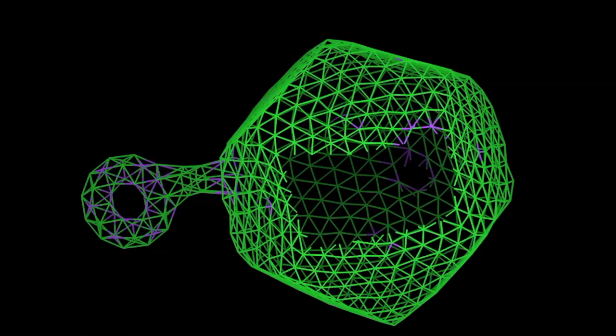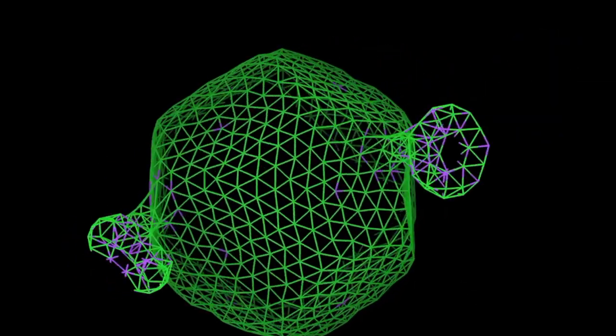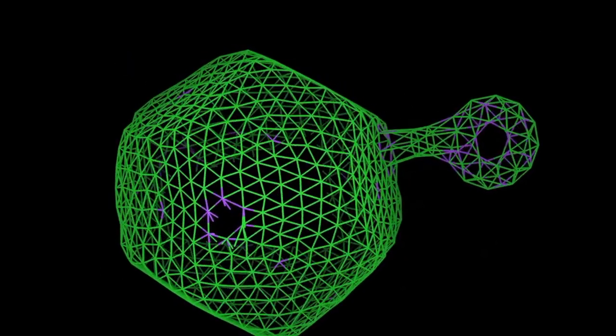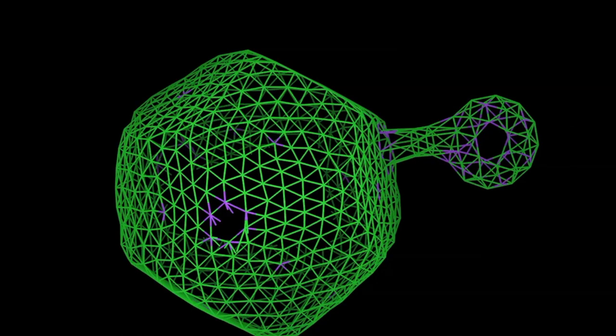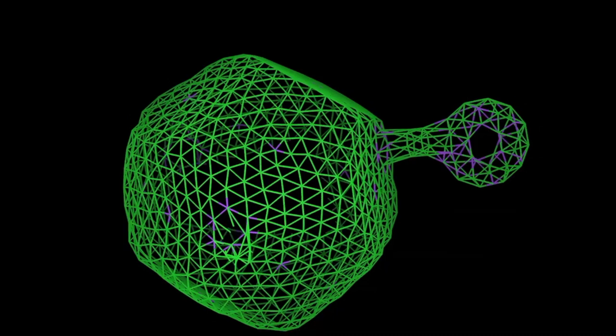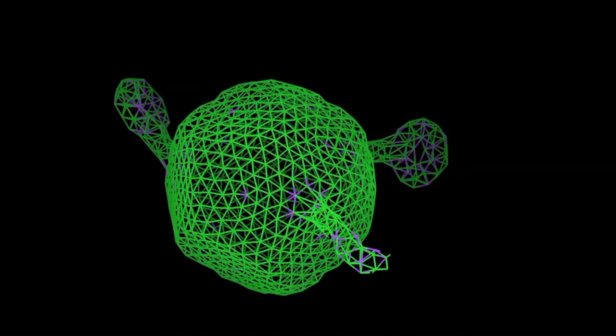I can bring it around here like that, and you can see the purple edges are the 7-edge nodes that form the torus, and then also the 8-edge nodes that connect the pipe to the icosahedron. So there are 3 instances of the structure.